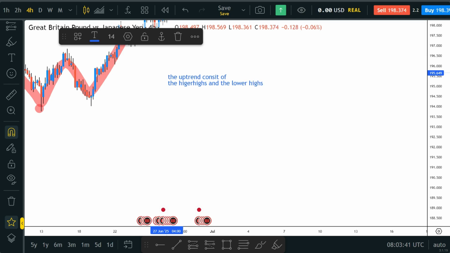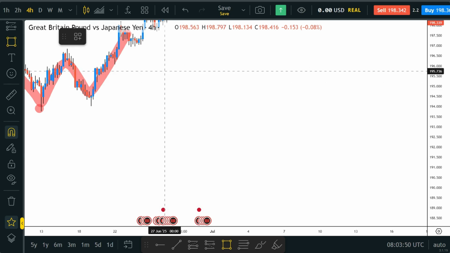So that's what the uptrend really consists of. We should only understand those concepts: in any uptrend, it consists of the higher highs and the lower highs. If the trend does not consist of those things, it is never an uptrend.